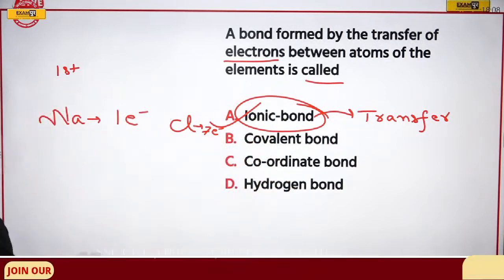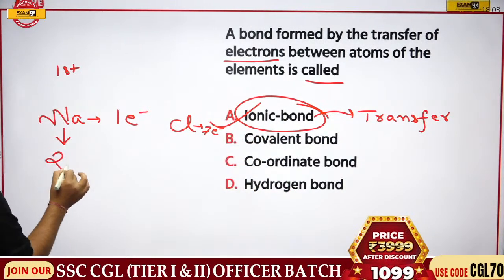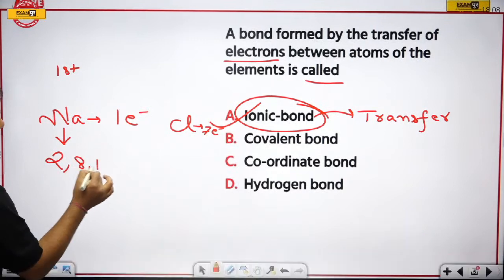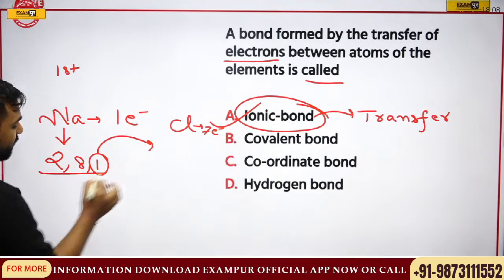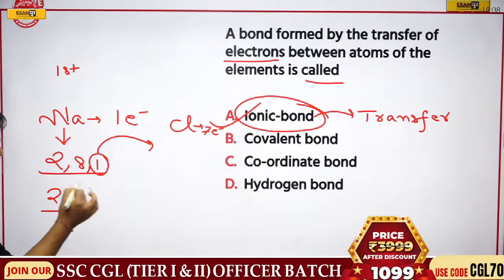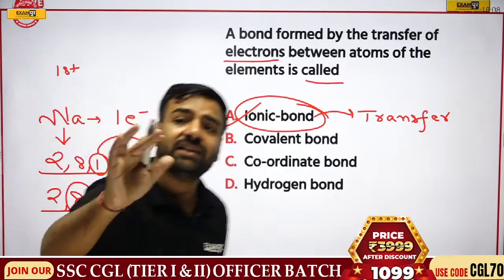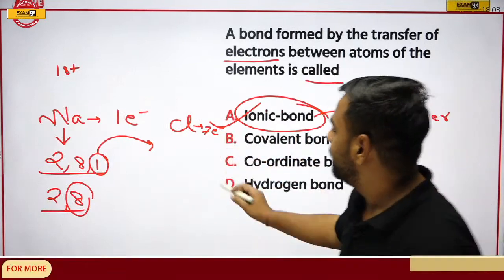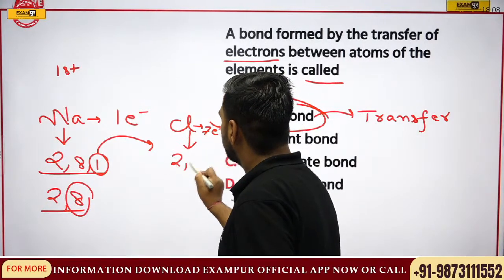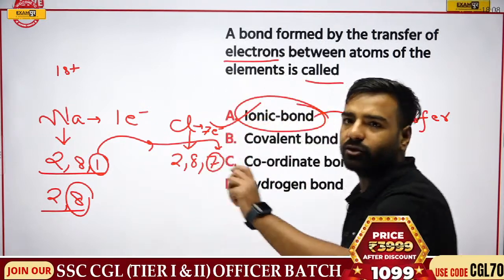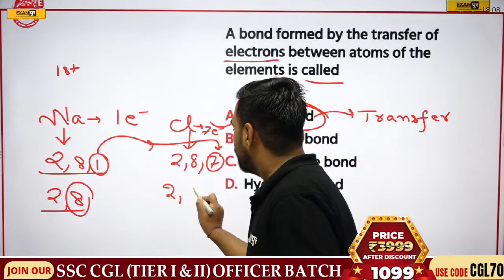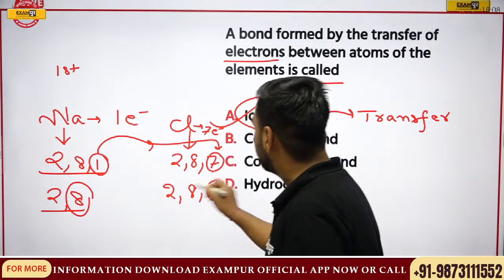How many electrons? For sodium, we have atomic number, what? 11. That's why we have configuration 2, 8, 1. So if one electron is donated, it will have only 2, 8 configuration, and this is actually giving the completion of the outermost shell. In a similar manner, chlorine 2, 8, 7. Once it gets this 1 electron, it is going to have 2, 8, 8 configuration, and hence it will also be full.